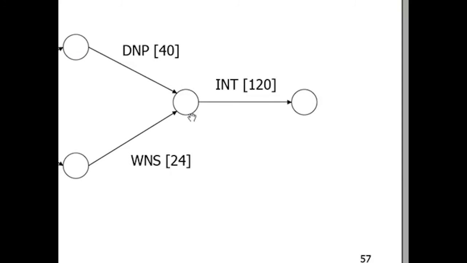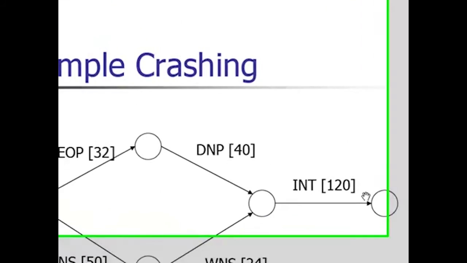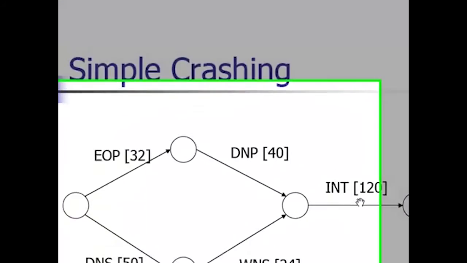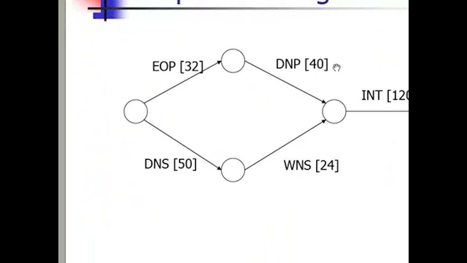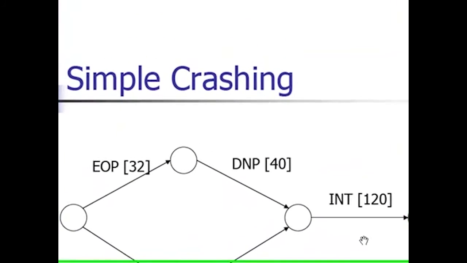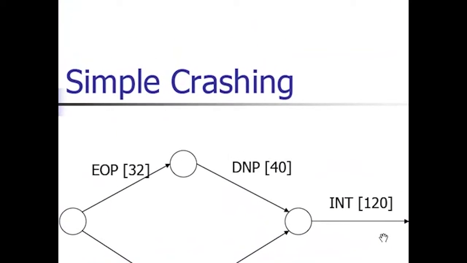This activity costs us an additional $16 only to reduce it by 1 more hour. So comparing the summation of the reduction cost here with the reduction cost of activity INT, it's better for us to reduce activity INT by 1 more hour.